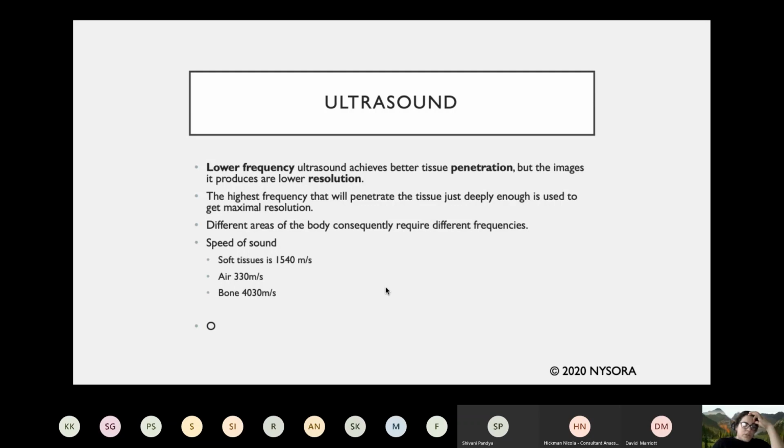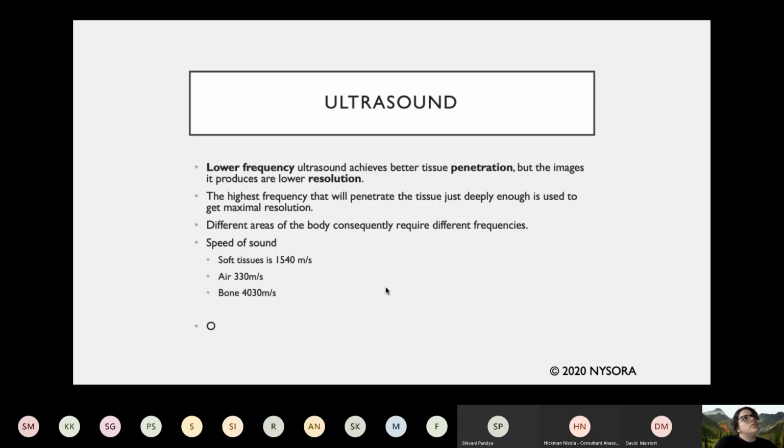I've put some numbers here just to give you an idea of how the speed of sound travels through different tissues, or through air, for example. Soft tissue, as we've already talked about, is on average 1,540 meters per second. It's a bit higher in tissues like the liver.